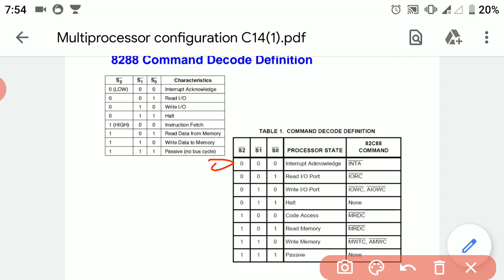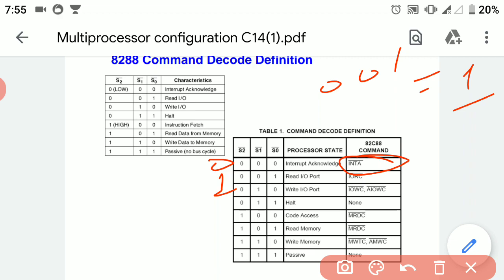At this state, the interrupt is acknowledged by the main processor. Next we have the condition 1, that is 001 equals 1. At this condition, read input output from the port will be done by the main processor.